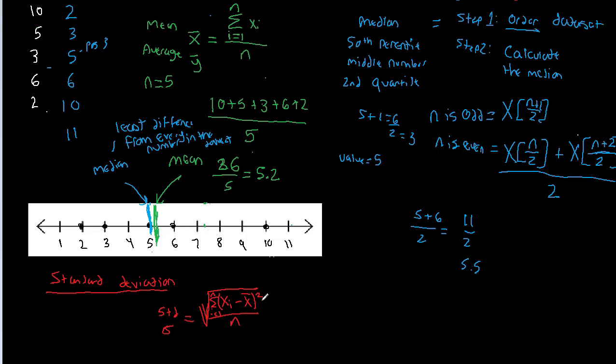Rather than going through the entire calculation for our sample data set, because there's a lot going on, I encourage you to pause the video and do the calculation for yourself. But if you do the math, you end up with a standard deviation of 2.79.